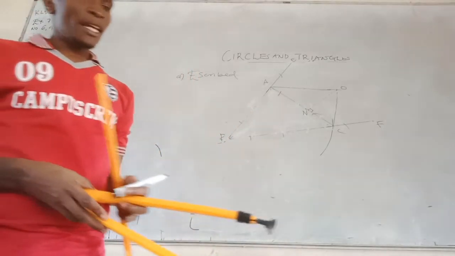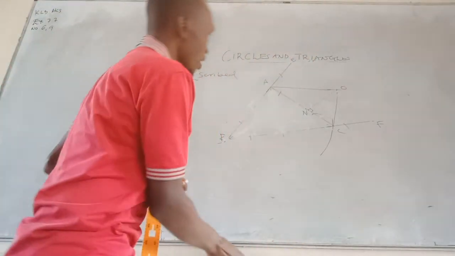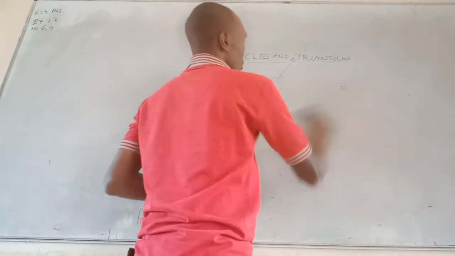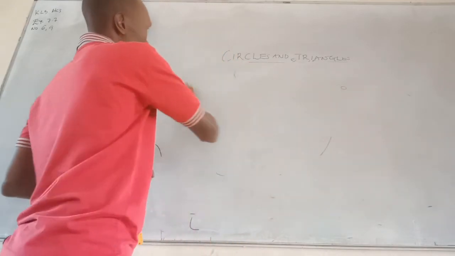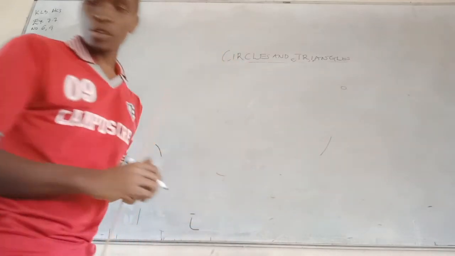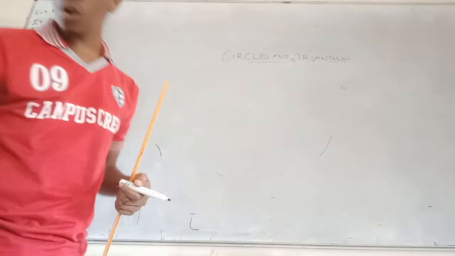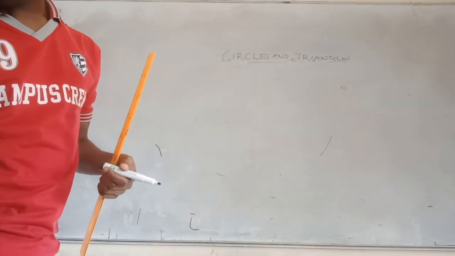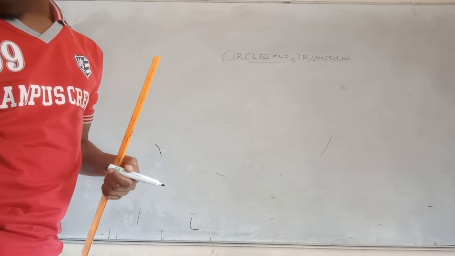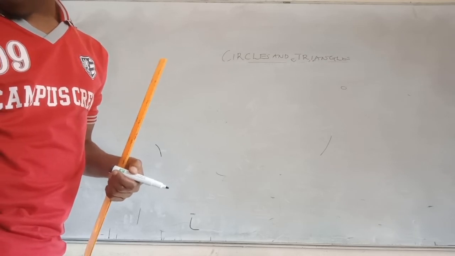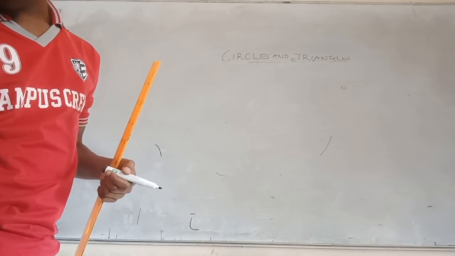Now, the next thing I will mention about is triangles. We have two types of triangles I want to mention, and the first one is called an orthocenter.